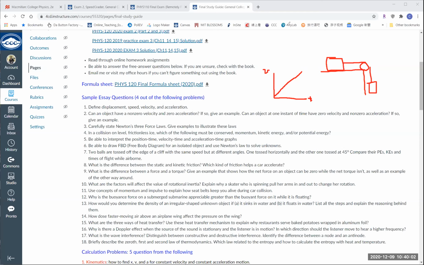The normal force is a contact force. It has to have a contact. Without a contact, there's no normal force. So if you look at this weight on the right hanging in the air, there's no normal force in this case. Okay, it has a weight, and the weight is going down.